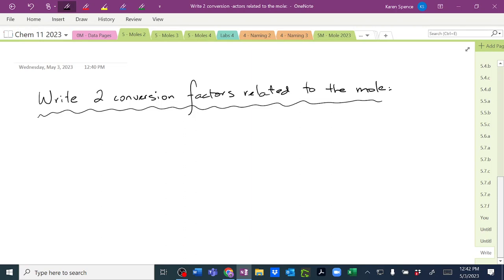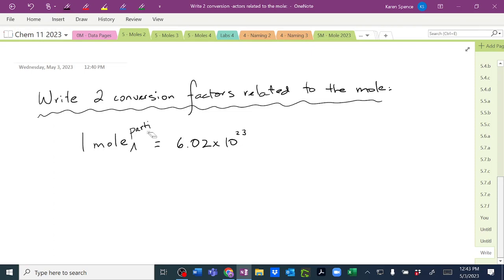Okay, a number over 1 mole. Okay, so I'm going to put 1 mole on one side. And you know why I asked you, right? 6.02 times 10 to the 23. And this is going to be 1 mole of usually particles.